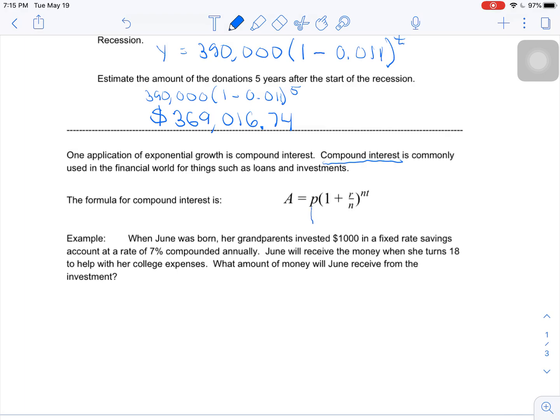So P is what's called the principal, or the starting amount. So that's the same as our regular exponential growth formula. We just changed the variable. So A is still our ending amount, just the same as the exponential growth formula.